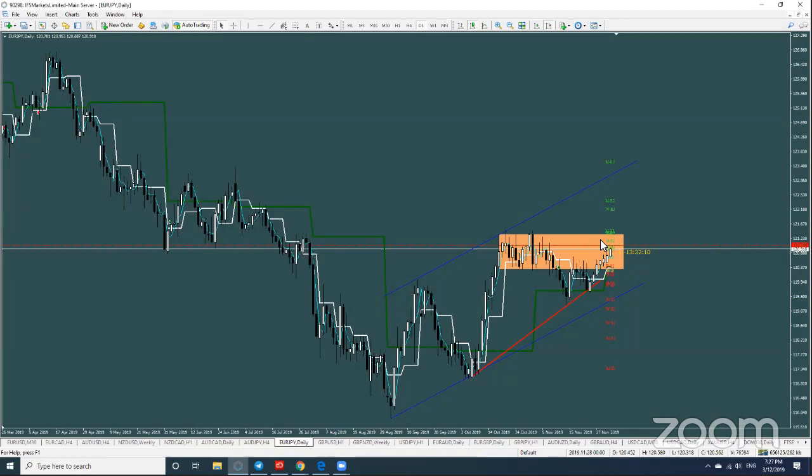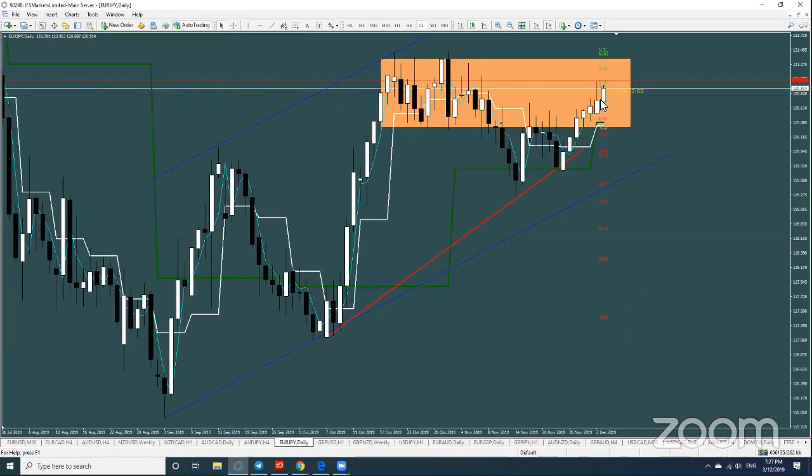The problem I've got with trading that, and as I've said twice already today, but it's always going to be the way for me: if I've got untested pivots just below my entry, that makes it extremely tough for me to trade. I can see this bar, and I really want to trade underneath it, but here's the problem.